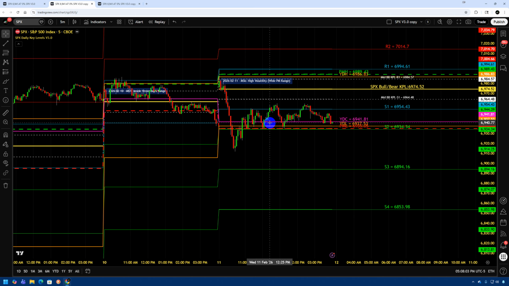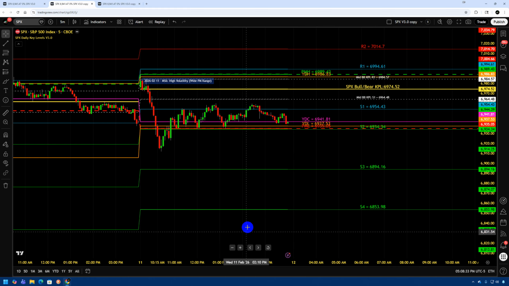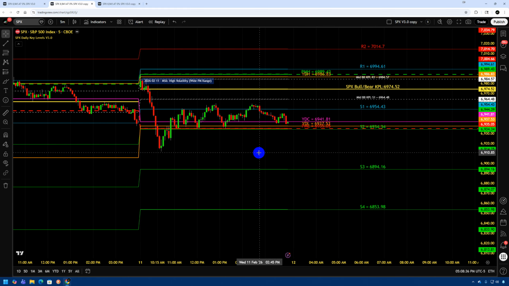So they're more than happy to have one trade a day or wait for a specific trade to happen, and maybe there are no trades that day and they're just waiting for the next day for that trade setup to happen off of a specific level, whether that level is one of the S levels, one of the R levels, or one of the PMH, PML, YDH, YDC, or YDL levels, and not trying to take every trade on every level. There are other traders that like to take every trade off every level. Everyone's different.